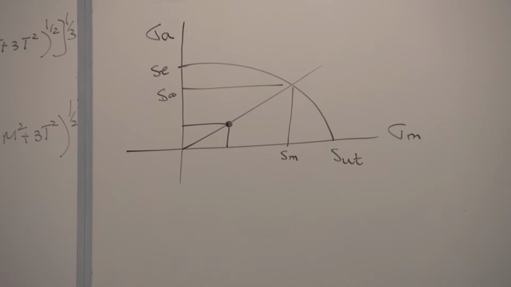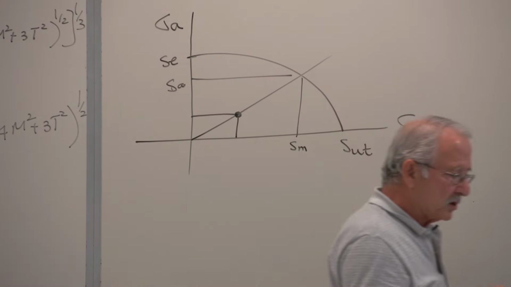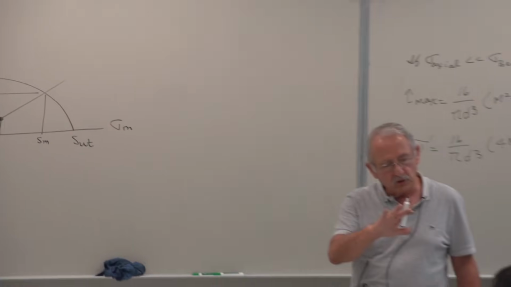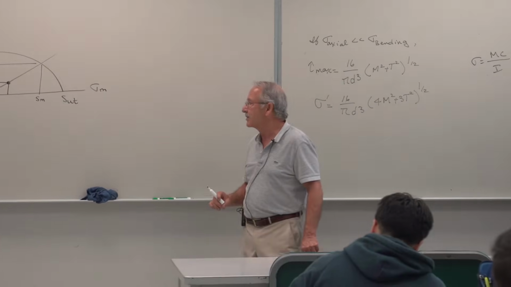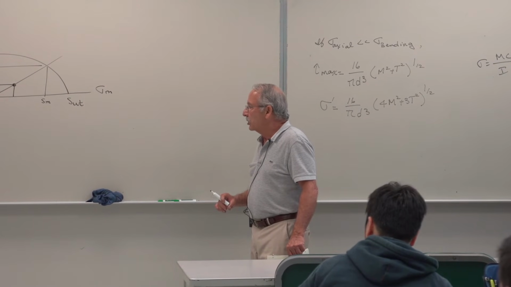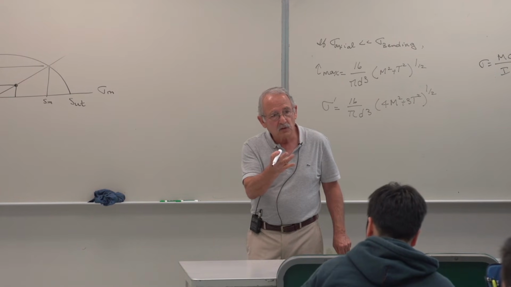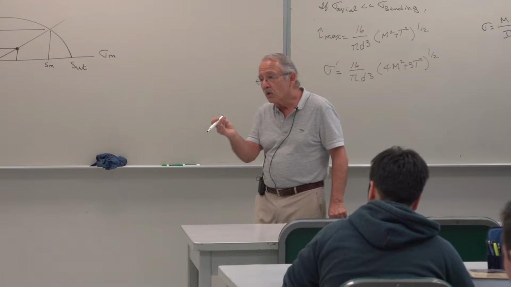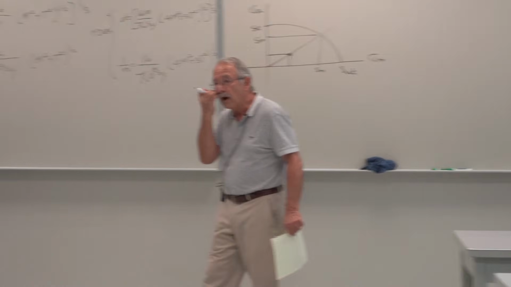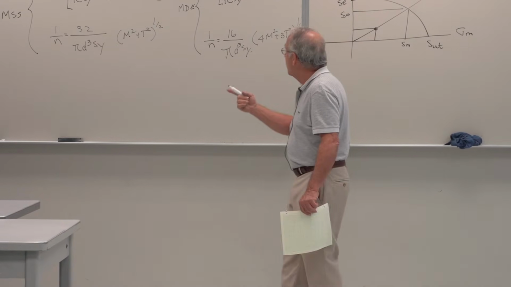Remember when we did combined loading for fatigue? We said for each one of these applied loads, meaning moment and torque, for the time being we will disregard the axial load. That can be included as well. But just the torque and the moment. We find an alternating value, we find a mean value. For each of those, we find a von Mises stress. Alternating von Mises, mean von Mises.